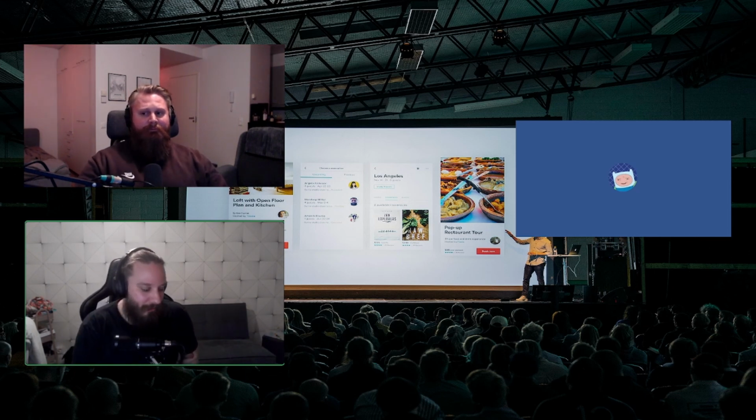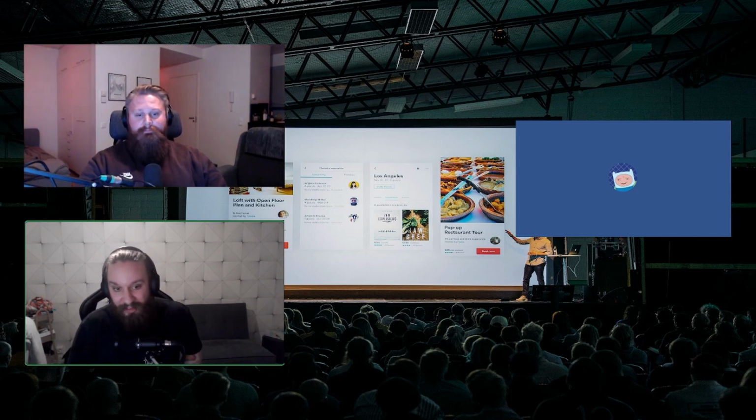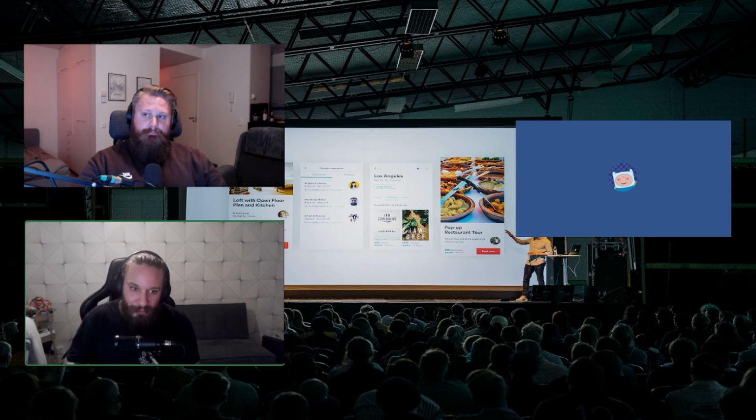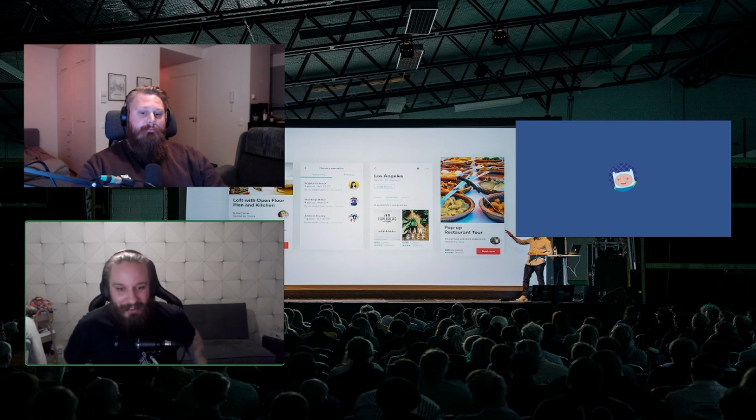There was the State of JS survey, I can't remember when, and the results showed a surging rise in JavaScript developers writing Rust, because they are writing their tools again with a language that can actually perform.